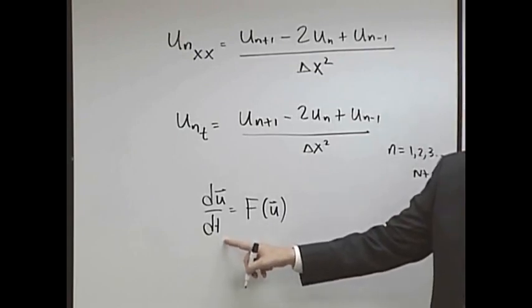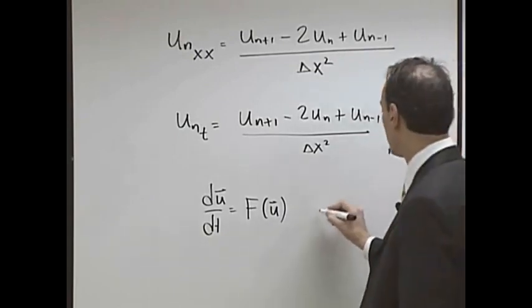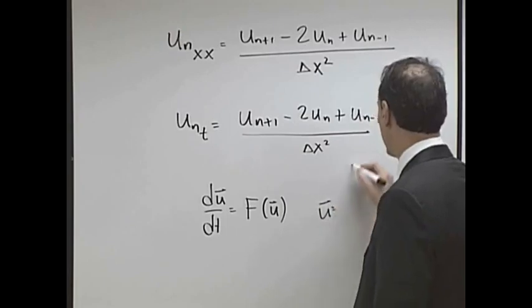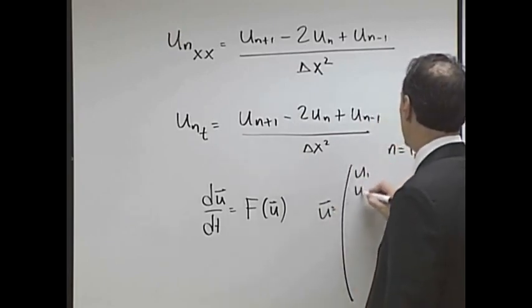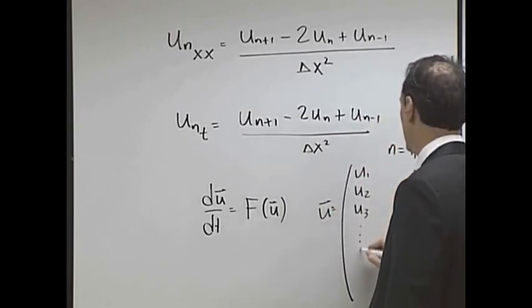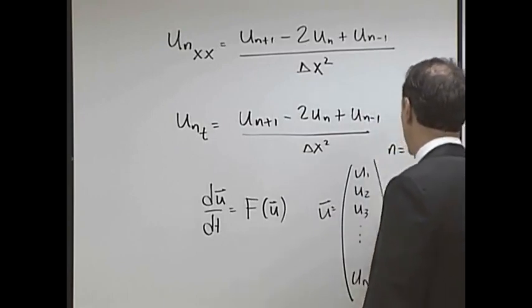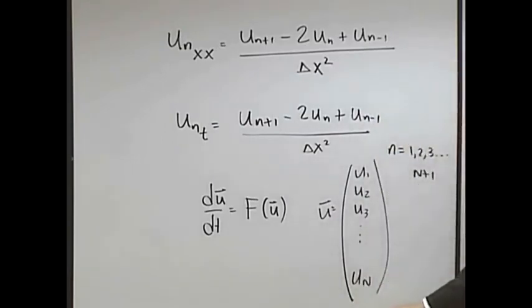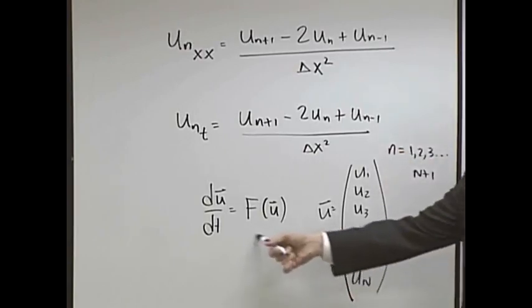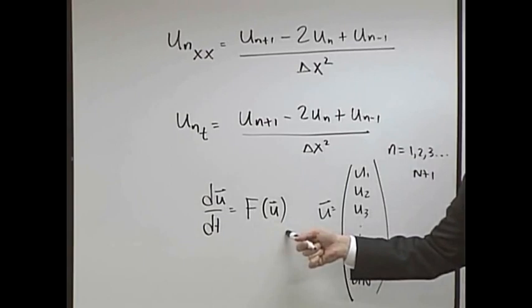And the obvious way to collect u would be to say, well, how about if I just make u be the following? u_1, u_2, u_3, all the way to u_n. Not u_{n+1}, because once I have u_1, I know what u_{n+1} is. Okay? It's the same point. There we go. There's my collection, and the question is now, what's f(u)?